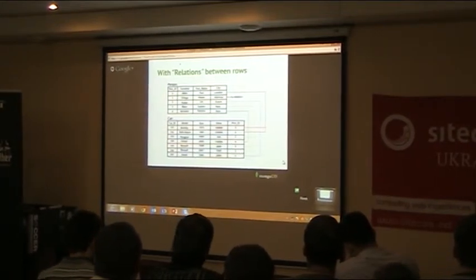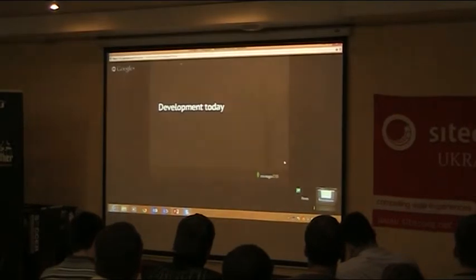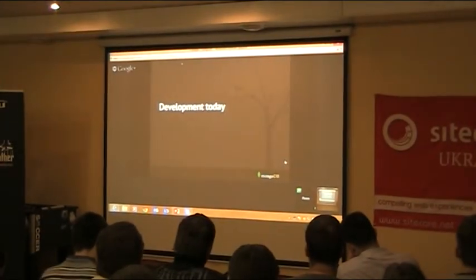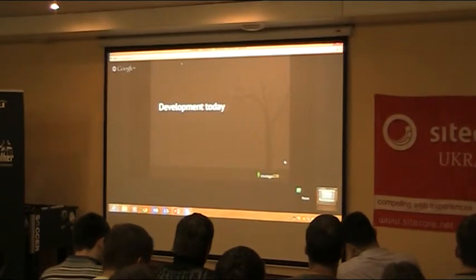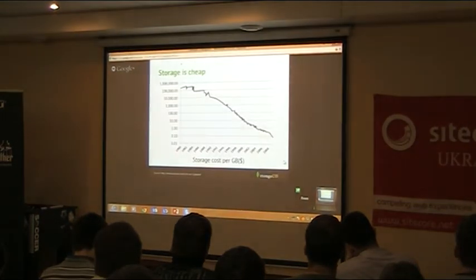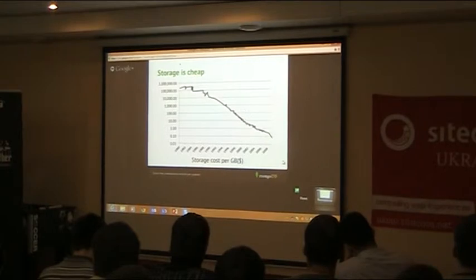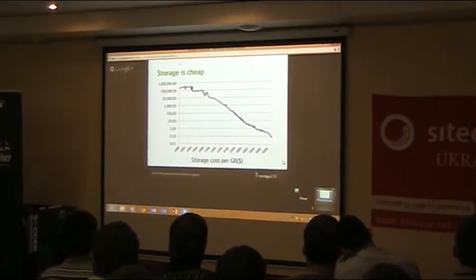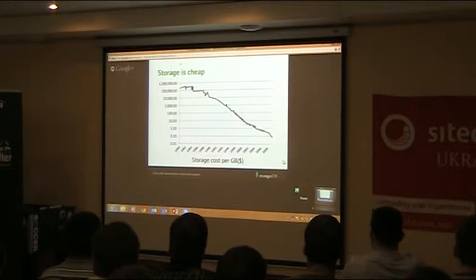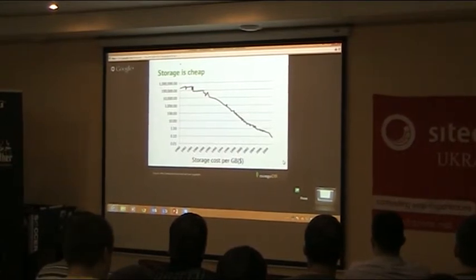So let's skip forward and look at development today and understand what's going on there. What's changed? Well, first of all, we can store more data than we ever could in the past, because relational modeling for your data is extremely efficient for storage, and it had to be. In the 1970s, storage was ridiculously expensive.